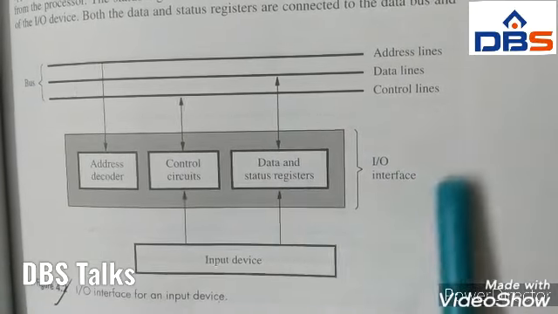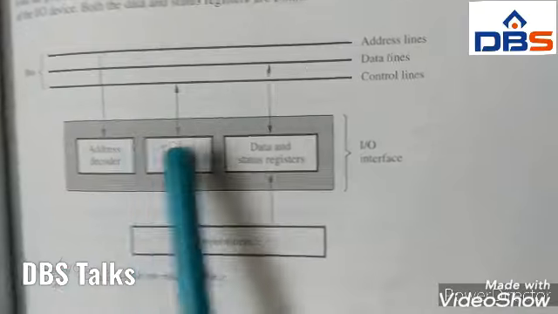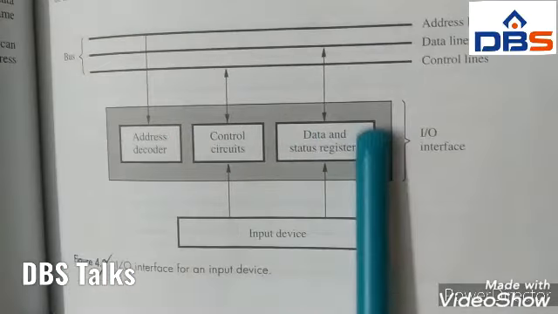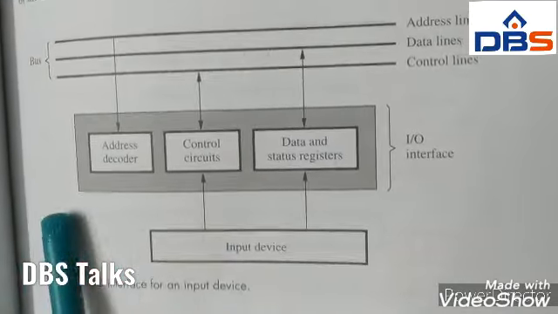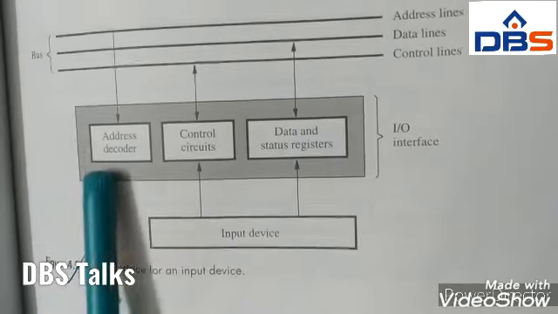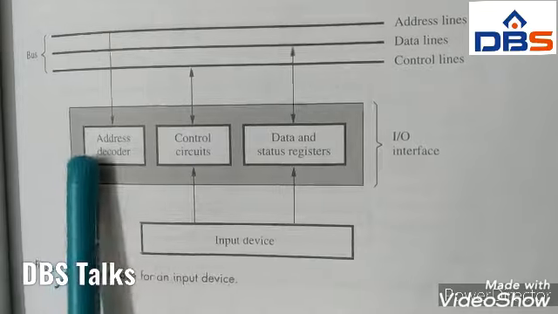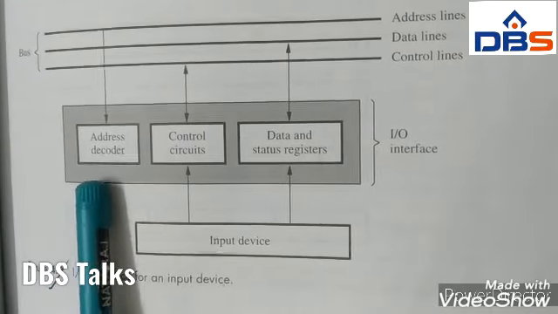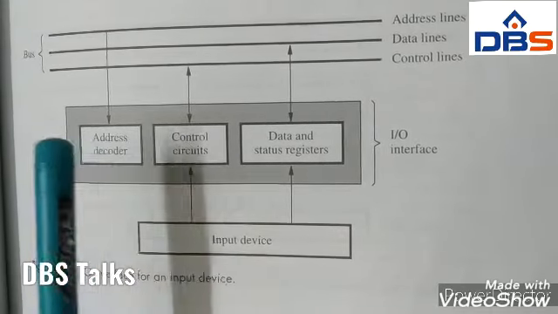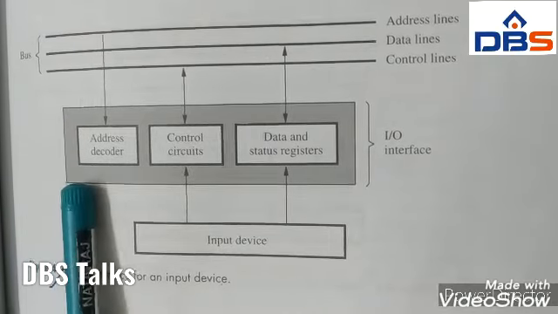In this I/O interface, we are performing 3 different things. The first one is the address decoder, which will find which device we are using, which input device or which output device. This is the address of either the input device or output device.